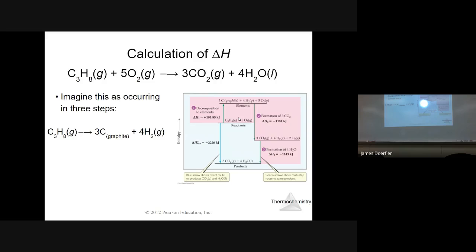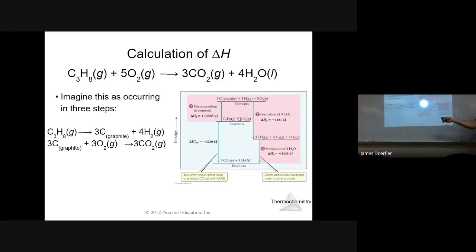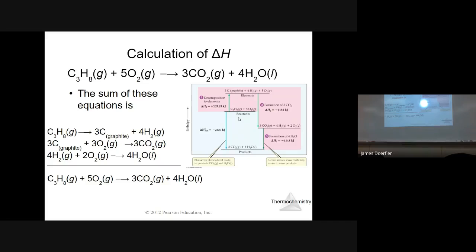It actually is going to be broken down into 3 steps, and the 3 steps are listed here, okay? Each one of these steps has its own enthalpy value, which, when you add them all up, equal the sum and the total of the normal everyday reaction.